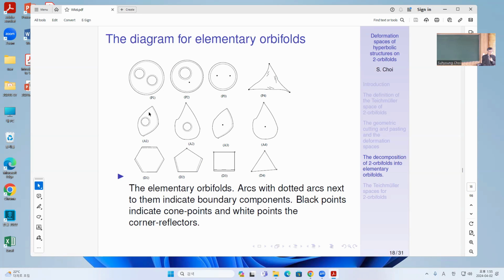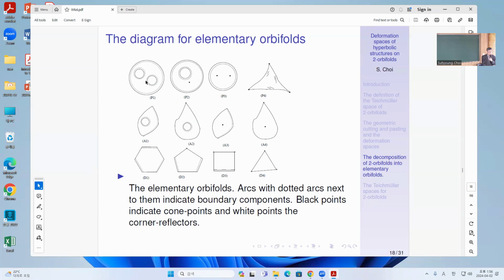The point is that, for example, this one is double covered in the orbifold sense by just a G2 action, like flipping these 2. This one again is the same: you have a G2 action like this, fixing some arc passing through here, and that gives the cover. This one you can also do the same thing; a G2 action will cover this.